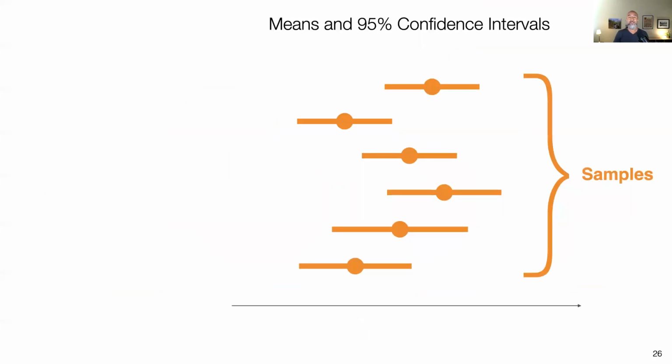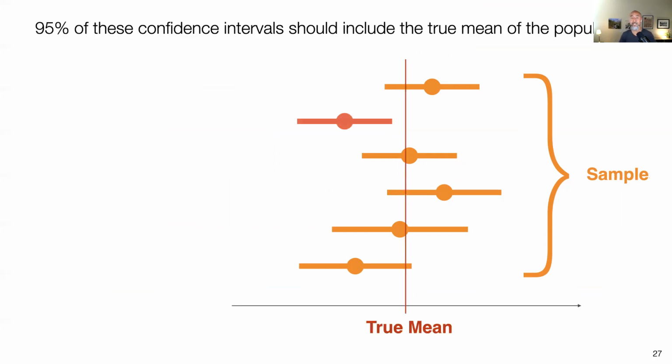Let's say we did 6 samples. That means we have 6 means, the average of each sample group, and then we draw the 95% confidence interval lines. Then 95% of these confidence intervals should include the true mean of the population.